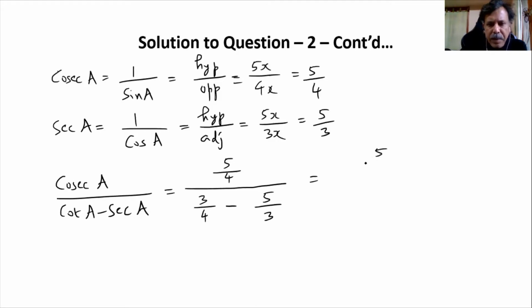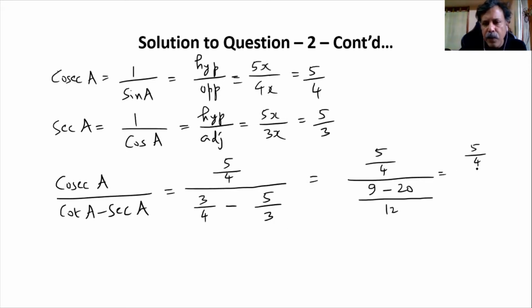So this will be 5 by 4. And in the denominator, we'll have to take the LCM of 4 and 3. LCM of 4 and 3 will be 12. So 4 3s are 12. That means 3 into 3, this becomes 9. 3 4s are 12. That means this will be 5 into 4, 20. So this will be 5 by 4 divided by minus 11 by 12.